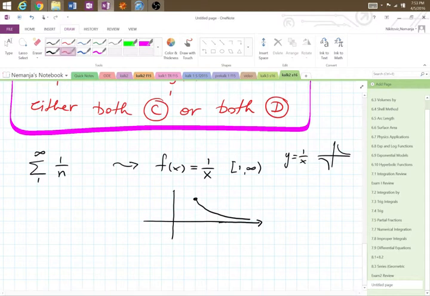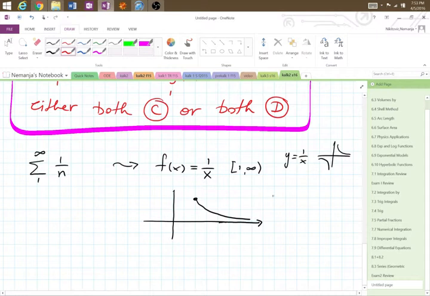Because the series starts at 1, your integral will start at 1 as well. So your domain is 1 to infinity, and on that portion, if you look at the graph, you can see that all three conditions are fulfilled. We don't have to do too much work for 1 over x because it's a well-known graph.